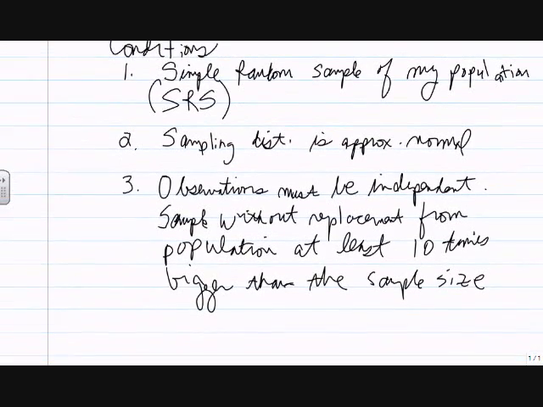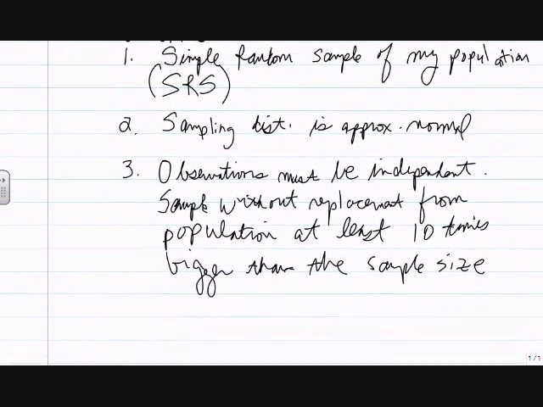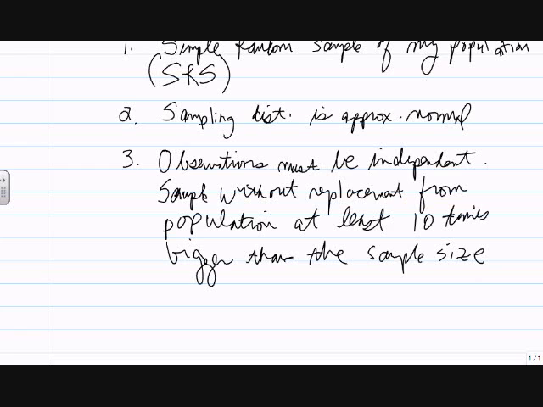So those are conditions I have to meet. That will be one of the 4 pieces of our inference procedure that we're going to learn today. How exciting. All right. So we're going to formally do a confidence interval.